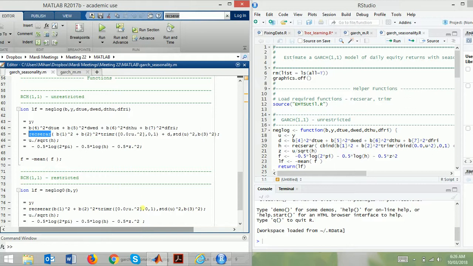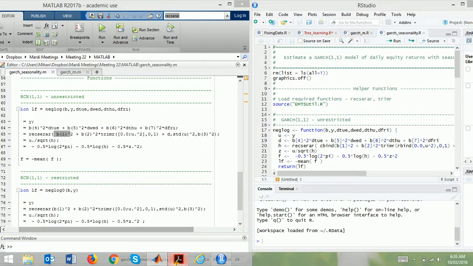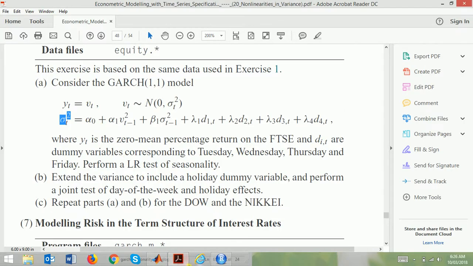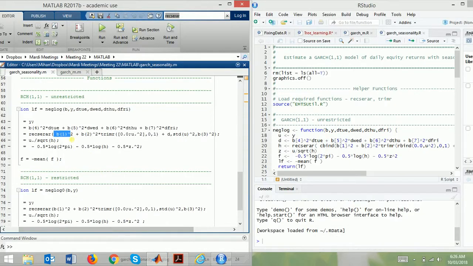So first we have b1 squared, which is the GARCH portion, then b2 squared. All of them we are squaring. So first b1 squared, then b2 squared, trimmed 0, u squared, multiplying with the trimmer; we already have u squared from y.